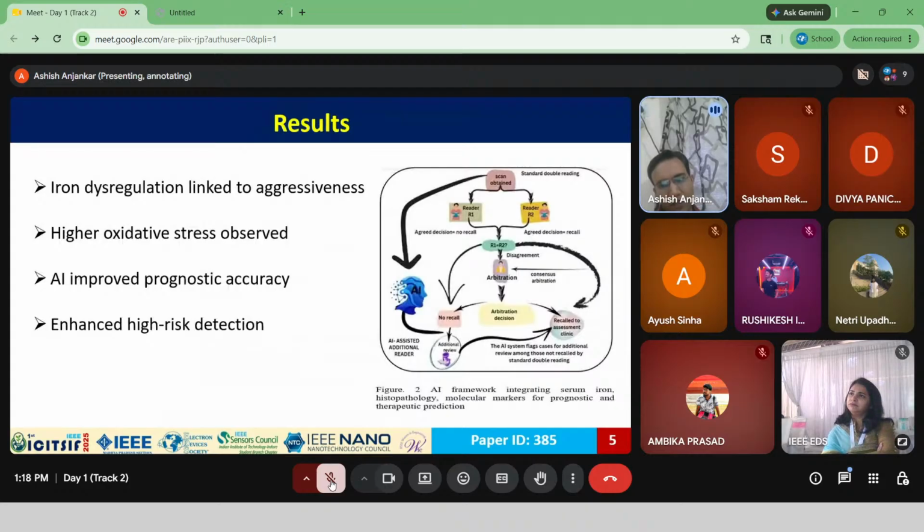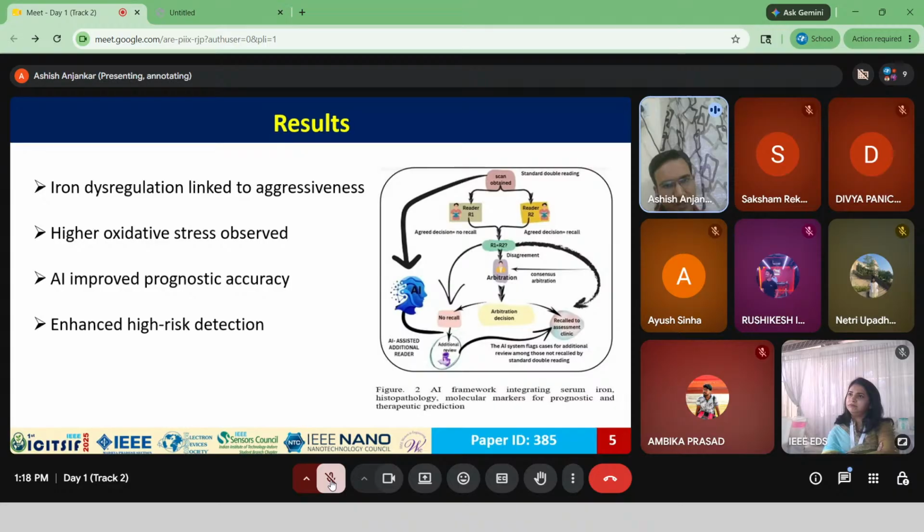This AI framework integrates serum iron, histopathology, and molecular markers for prognostic prediction of breast cancer. Because iron dysregulation is related to higher oxidative stress and increased inflammatory markers, AI with iron, with molecular immunophenotype, with histopathology can definitely predict prognostic accuracy, which can enhance high risk case detection for breast cancer.